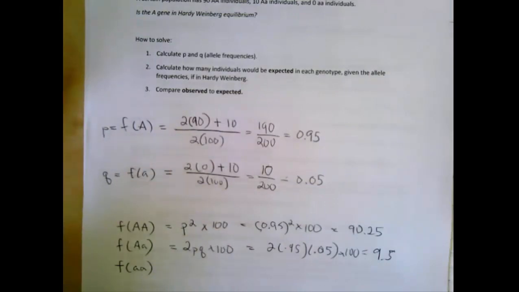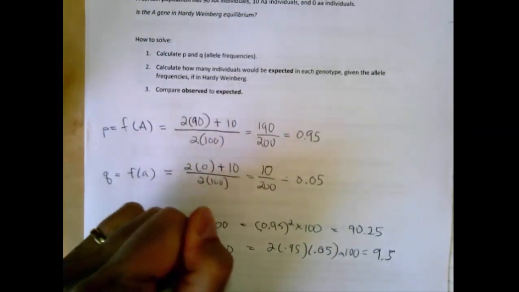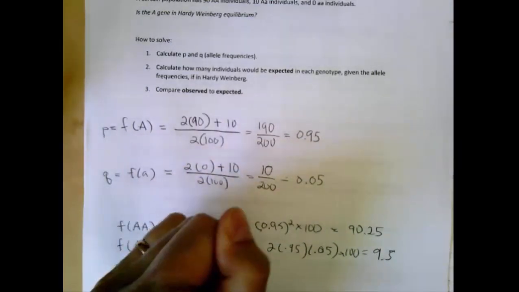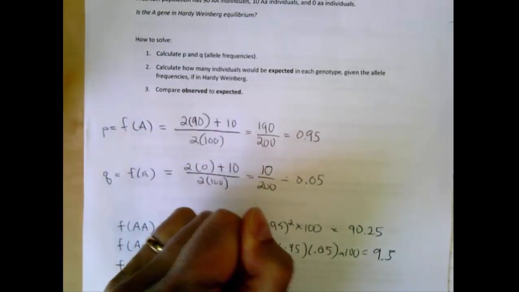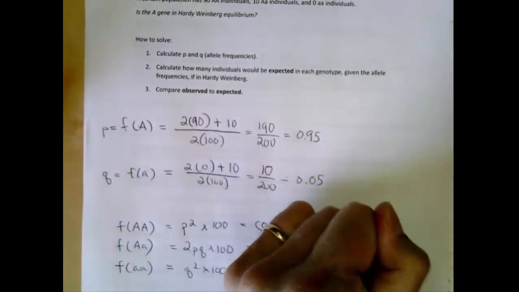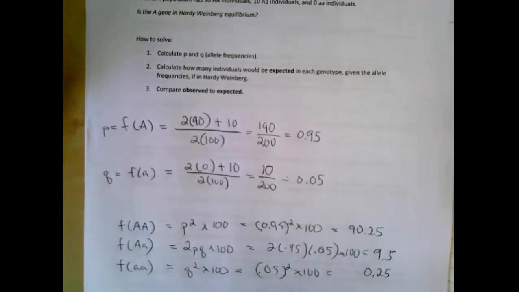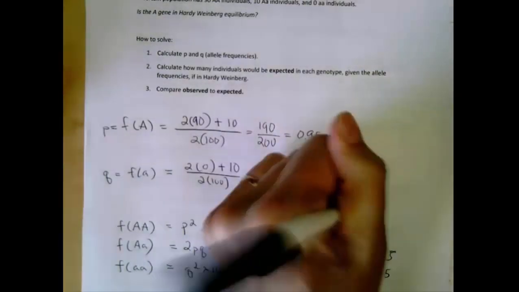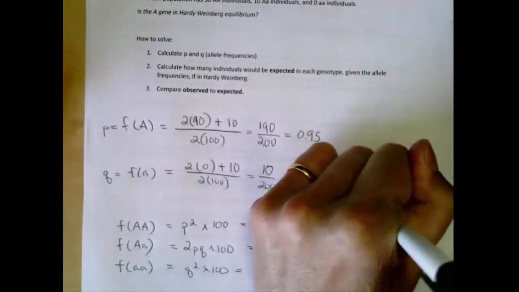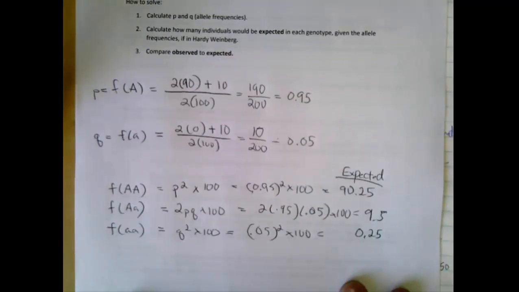For the frequency of homozygous recessives, that would be q squared times 100, and that would give a total of 0.25. And so those are the expected values based on our allele frequencies, and we're going to compare those to the observed.